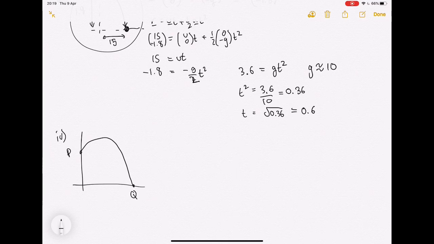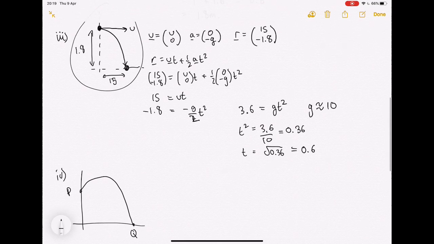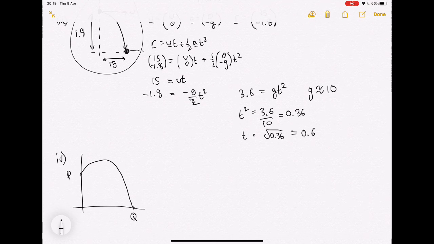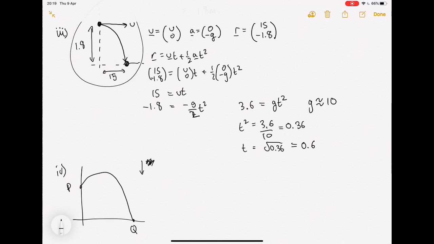However, what we do know is that the only force acting here is gravity, which acts downwards. There is no force acting horizontally. So that means that there is zero acceleration, so the horizontal velocity is going to remain constant.